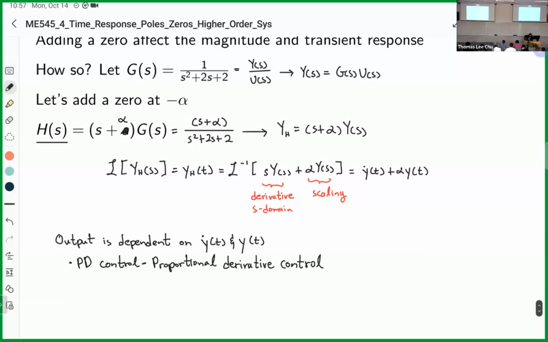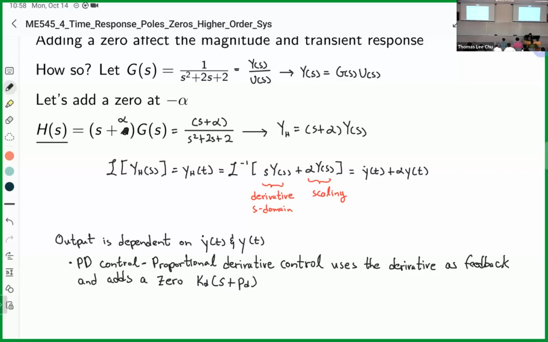I like to think of it as some constant k derivative multiplied by s plus p d, d for the derivative control.